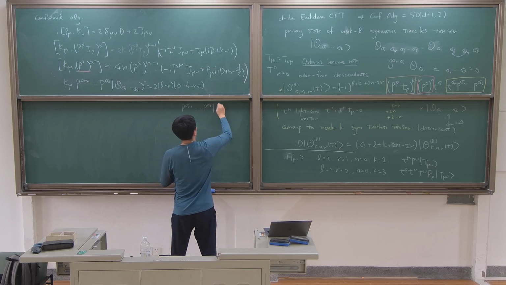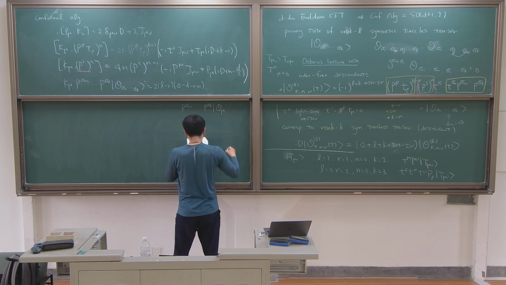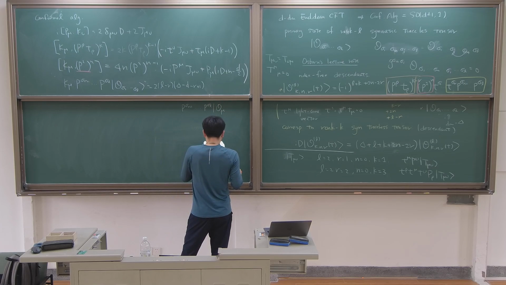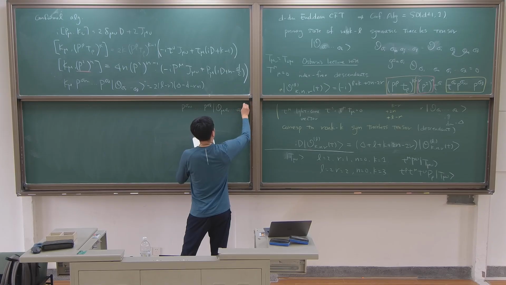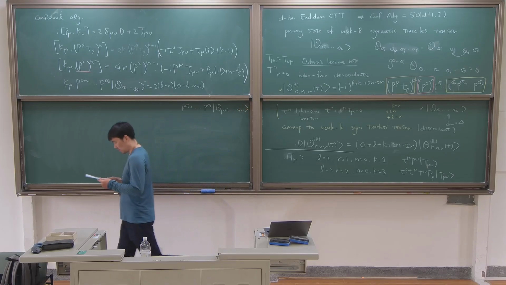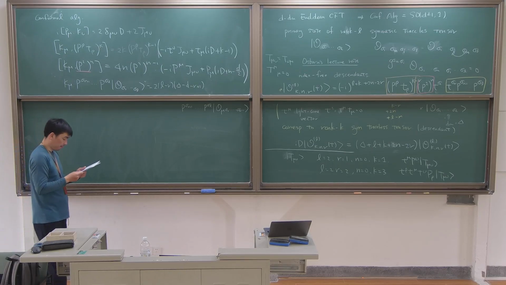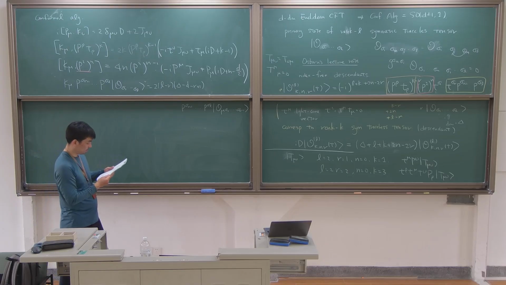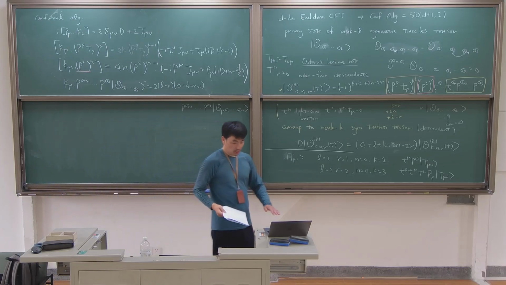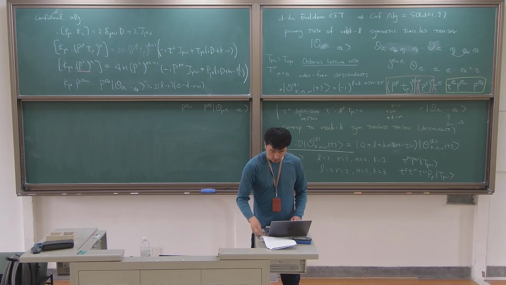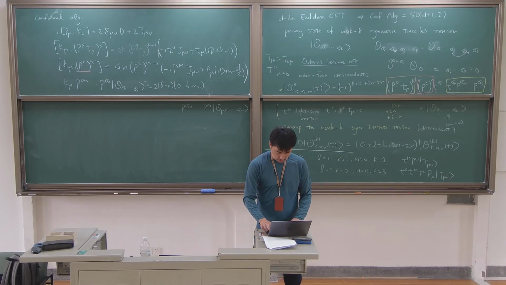But now we have O mu sigma 1 sigma L minus 1. Okay. So it increases the rank of the primary field.